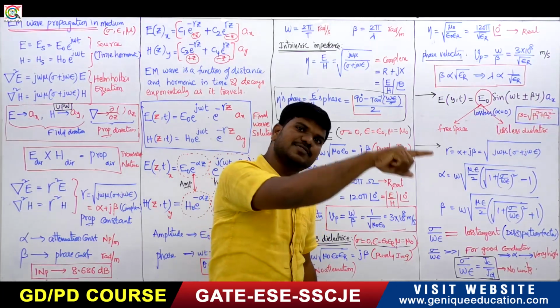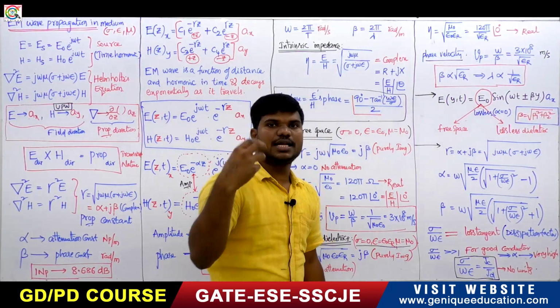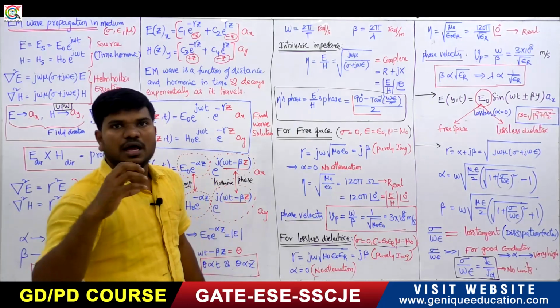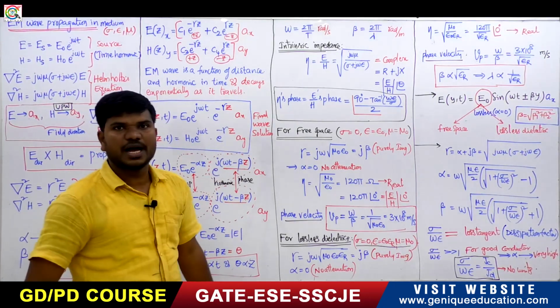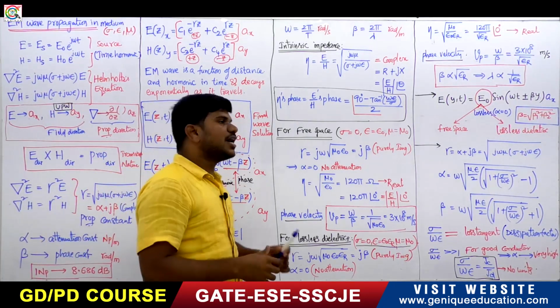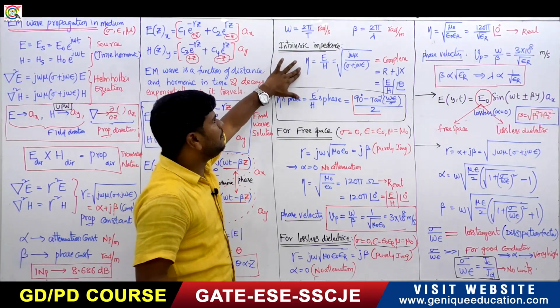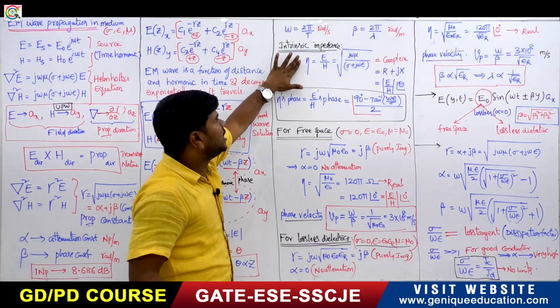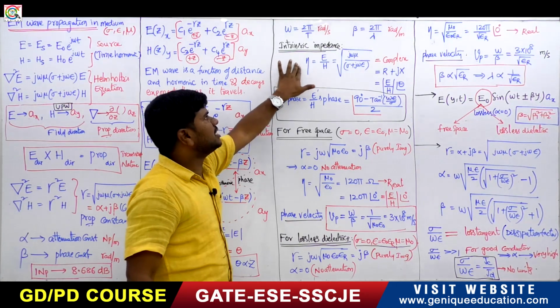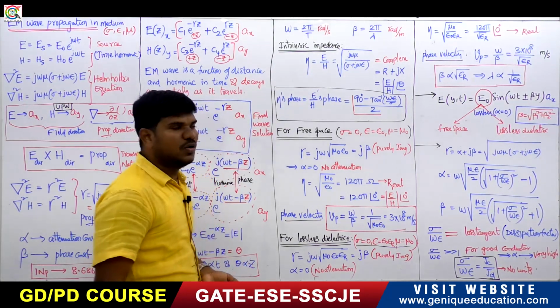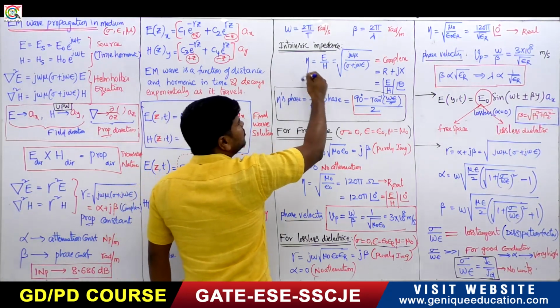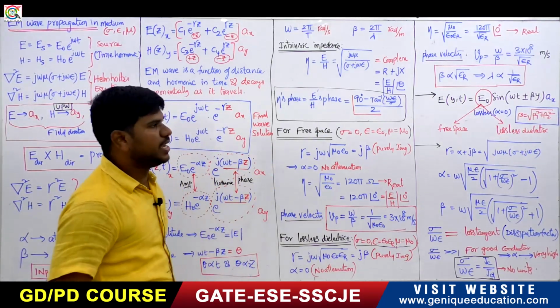Whenever there is a transformation from one field to another, there is some kind of attenuation and also some phase shift occurring. Because of that we get this kind of impedance, so we name it impedance. Impedance is equal to E divided by H. It represents a transformation slope of E and H.